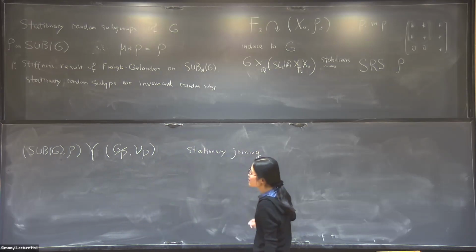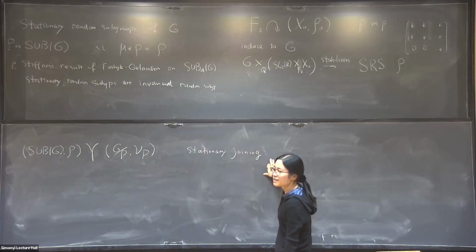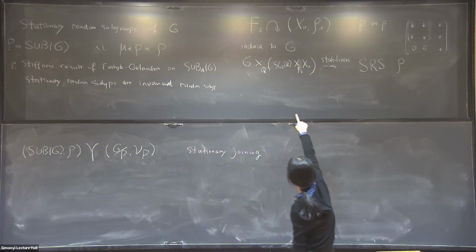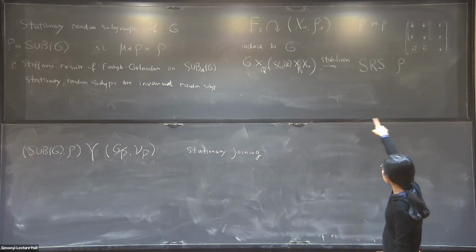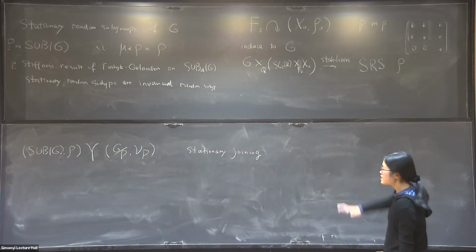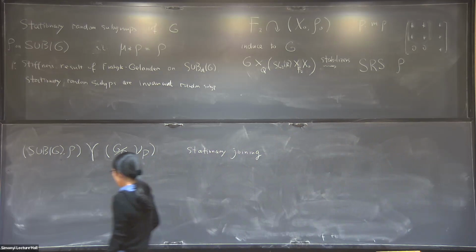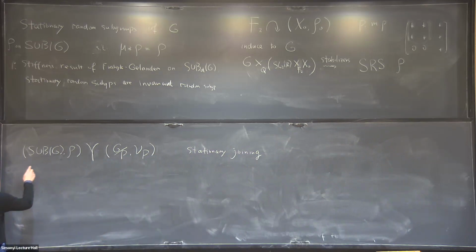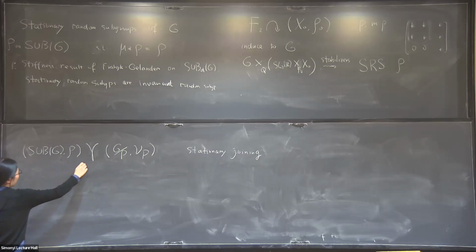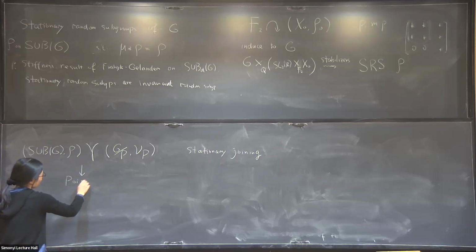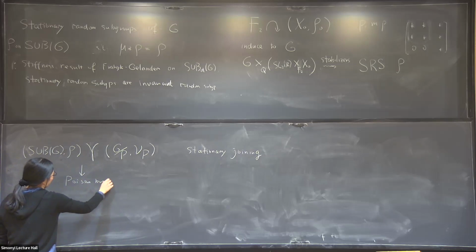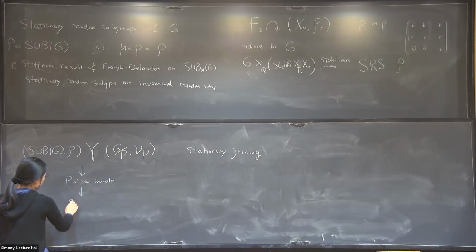In general, you would need this boundary map to help you define the stationary joining. But in a specific construction, it's clear what the joining does, because by construction it has the G mod Q sitting beneath. That is the part that you impose. So in this case, we can build this stationary joining, and from there you can essentially mod out some piece by the subgroup, and you get a Poisson bundle. It sits above the subgroup space.